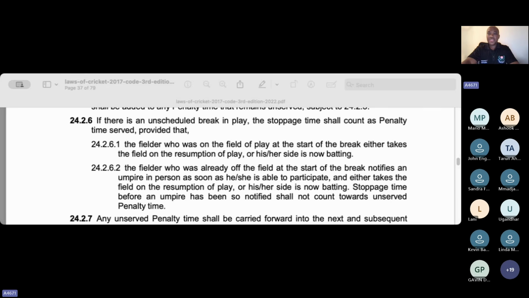At 11:45, the same fielder commits a level 3 offense and is suspended for 10 overs, which takes 44 minutes. I'm not going to have any lunch breaks included here, Neville, to keep it simple. So that fielder from 11:45 was off the field for 44 minutes.